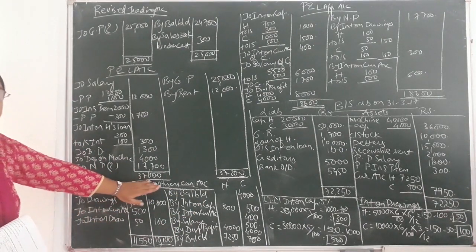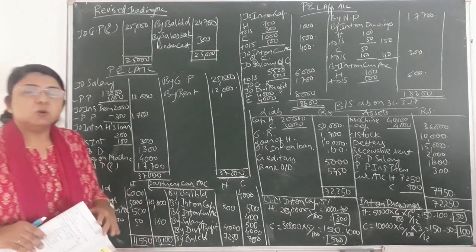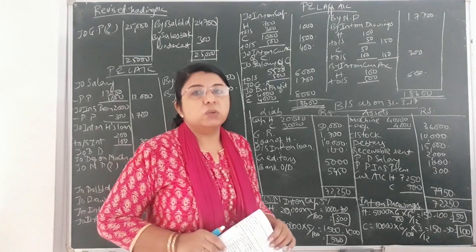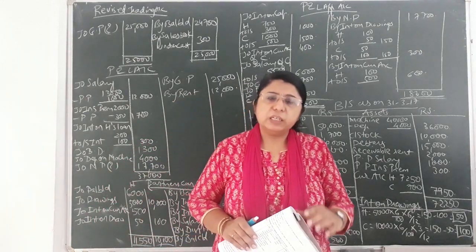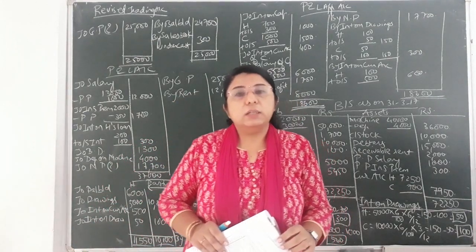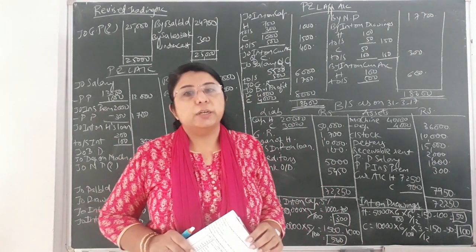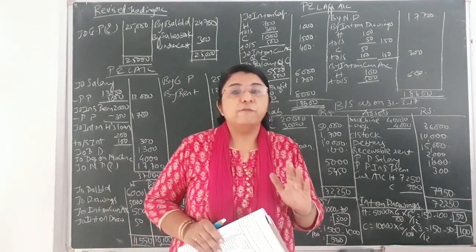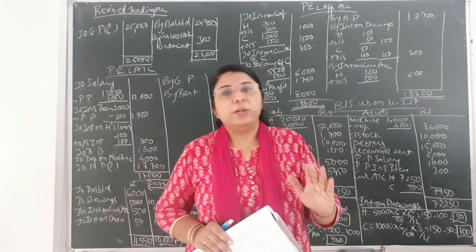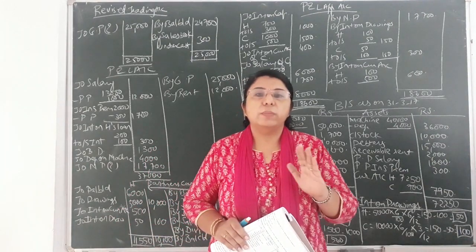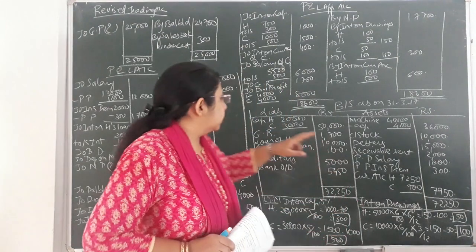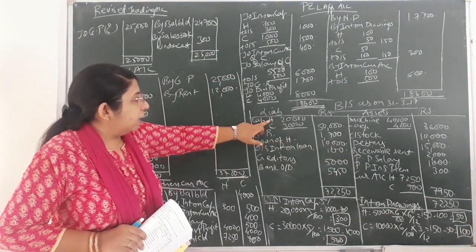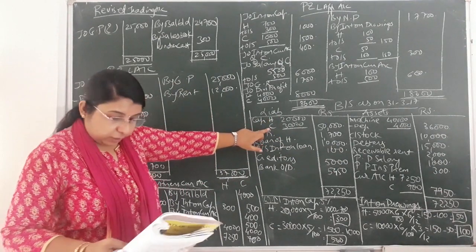Here I have prepared only the partners' current account, because we have already discussed that if the balance of the current account of the partners is given in the question, then all the entries other than capital are to be mentioned in the partners' current account, and the capital would remain fixed. It means whatever is the opening balance, the same amount of capital would remain in the closing balance also. So in the liability side, I have already written the balance of capital as it is given in the trial balance.